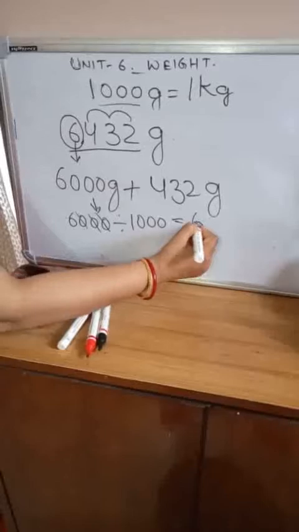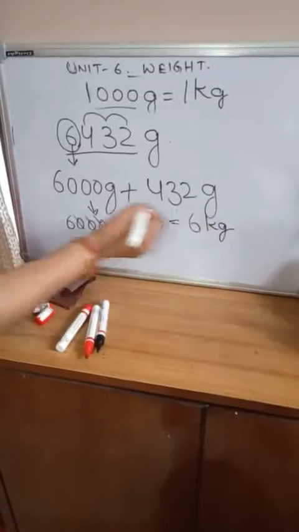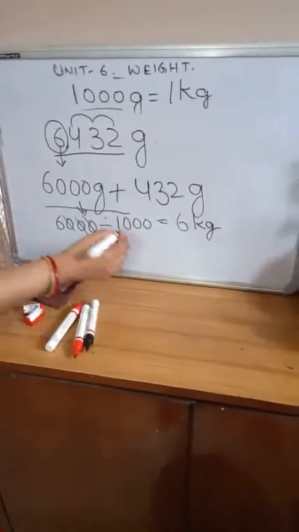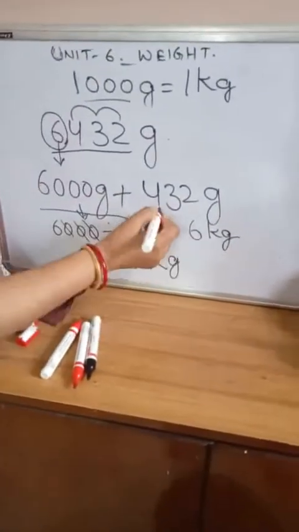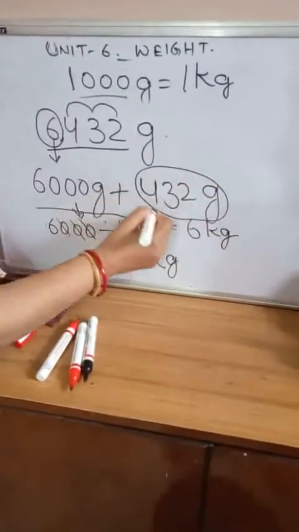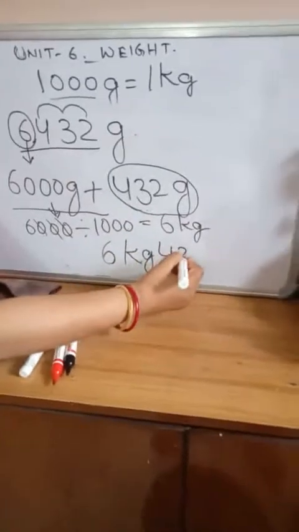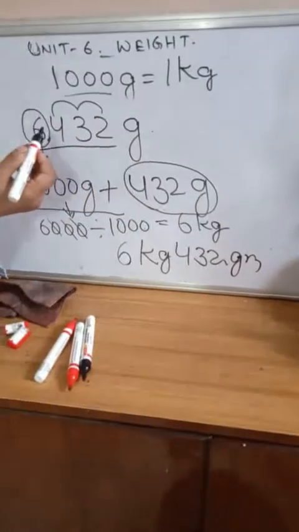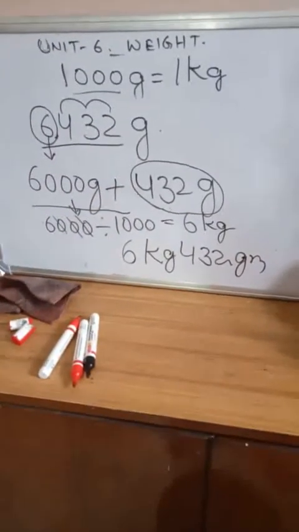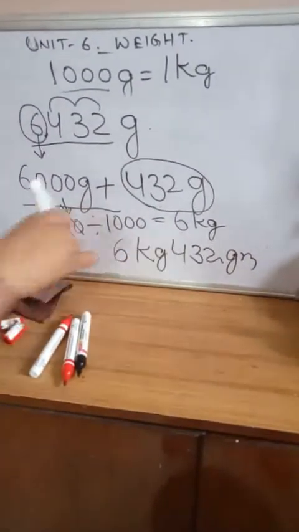So it is 6 kilogram. Now this 6000 gram is converted into 6 kilogram, and then we write the number of gram along with it. So it is 432 gram. In this way, 6432 gram is converted into kilogram and gram.